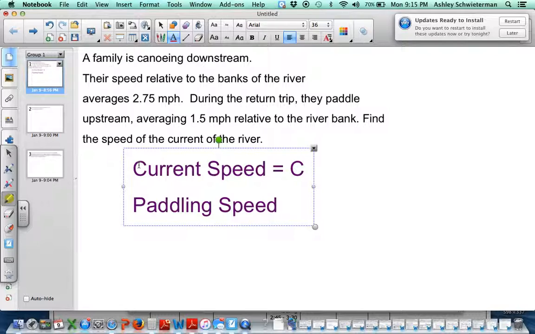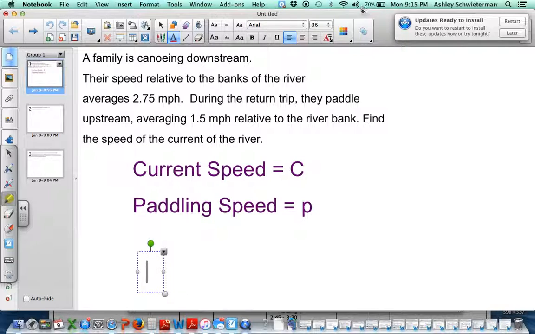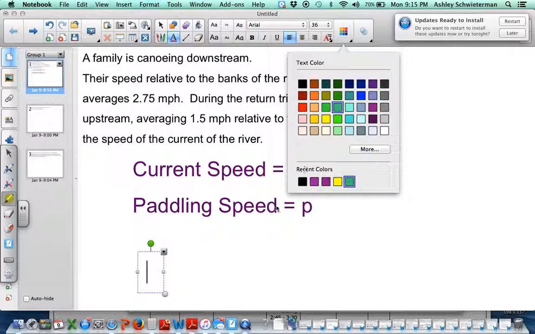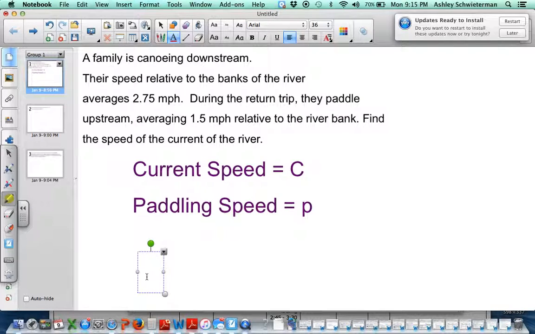So, if they're paddling, when we go to write this problem, you're going to have them paddling plus the current is going to equal that 2.75.